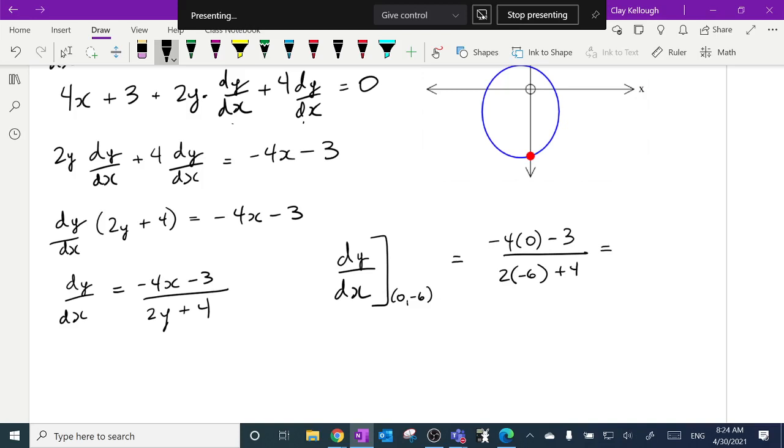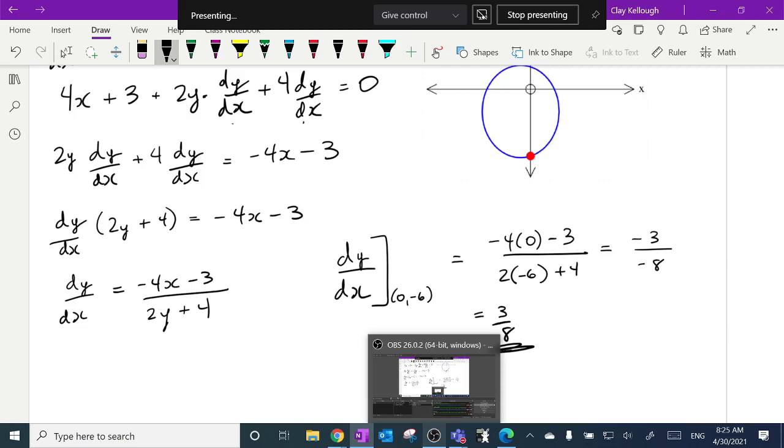And that gives me -3 on top, and -12 plus 4 is -8. So my slope is 3/8. Okay. So I want the equation of the tangent line. Well, I know its slope, so now I just got to find the equation of the line. So we'll pick that up here in just a sec.